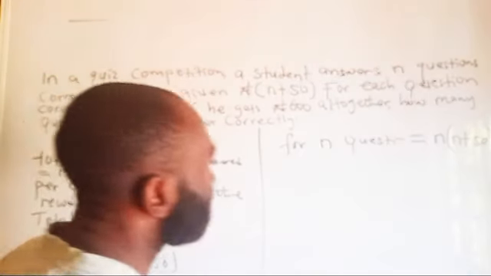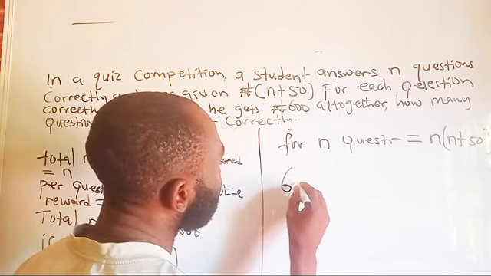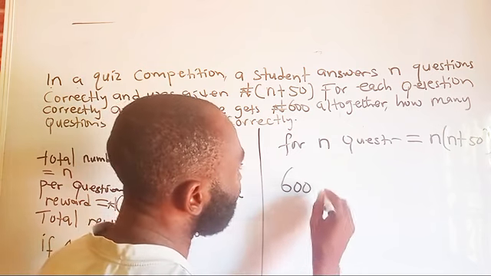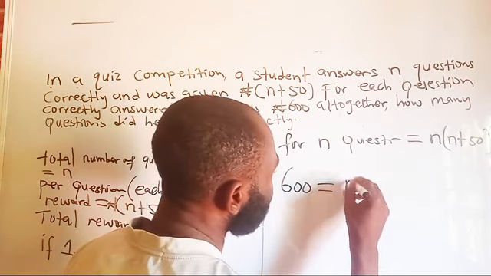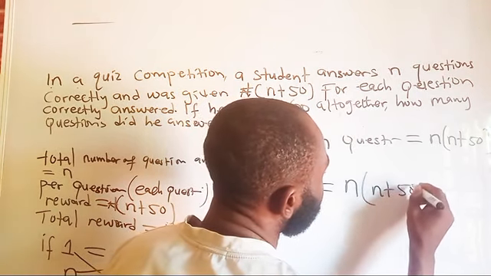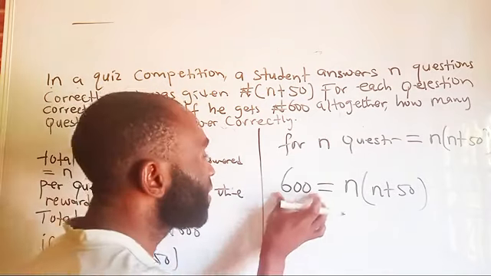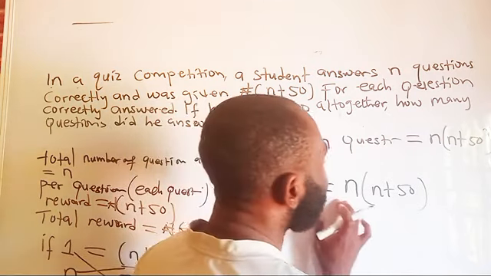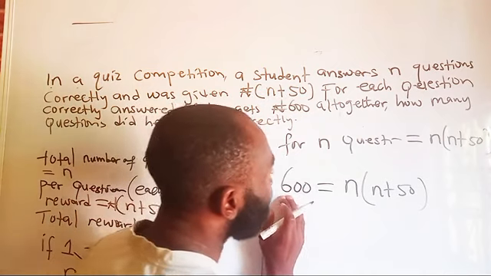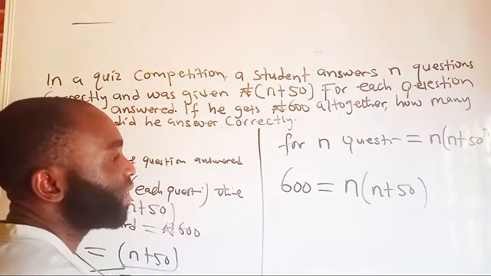At the end of the day, the money he made, 600 naira, is equal to the total number of questions times the reward. When you multiply it by the number of questions, this is what you have: he made 600 naira for all the questions, the total number of questions he answered correctly.